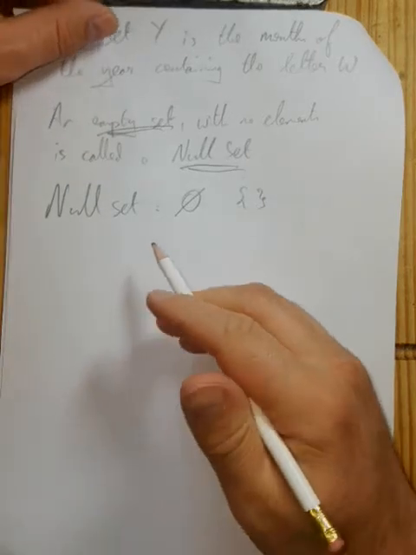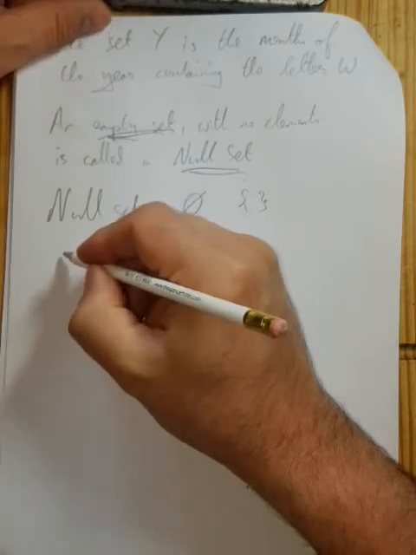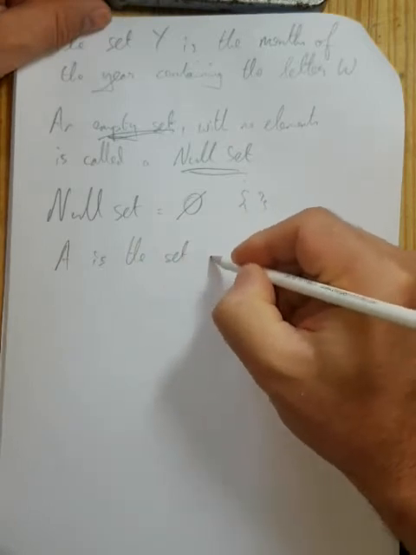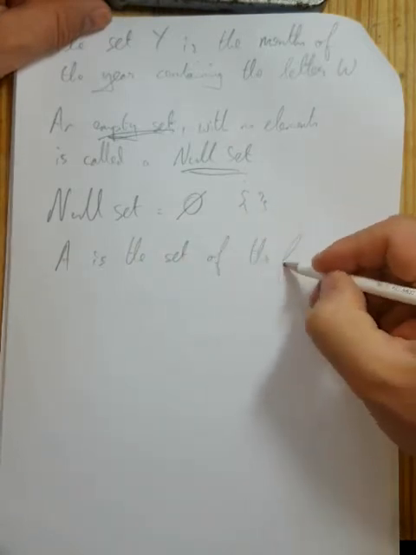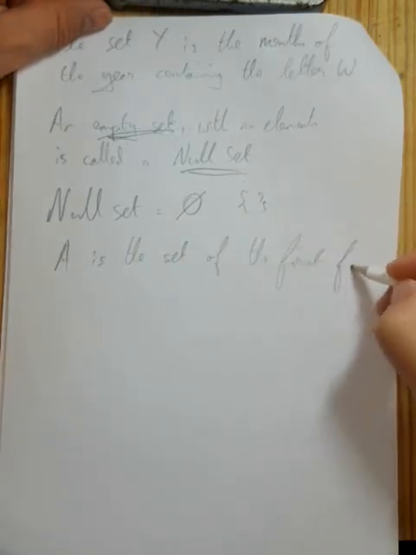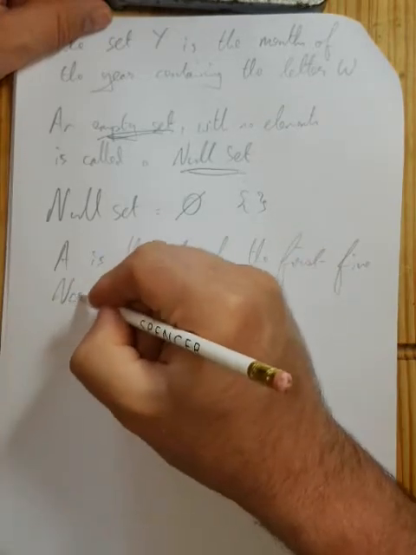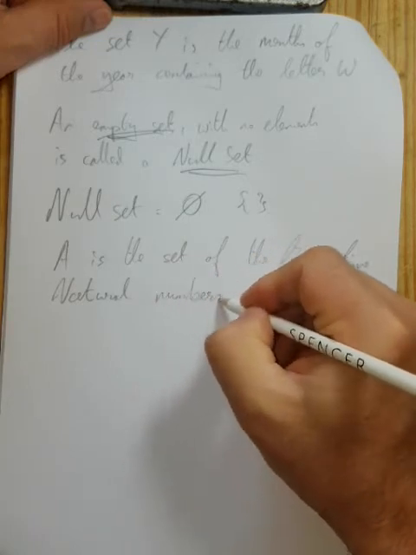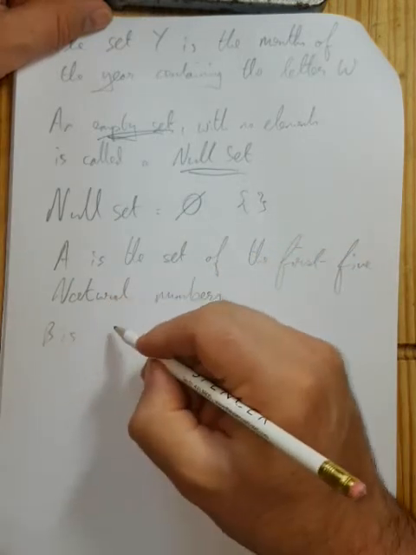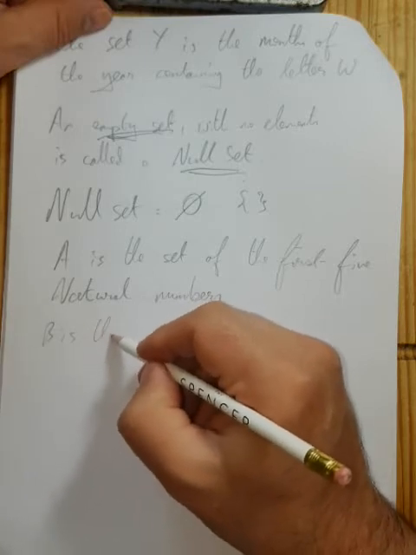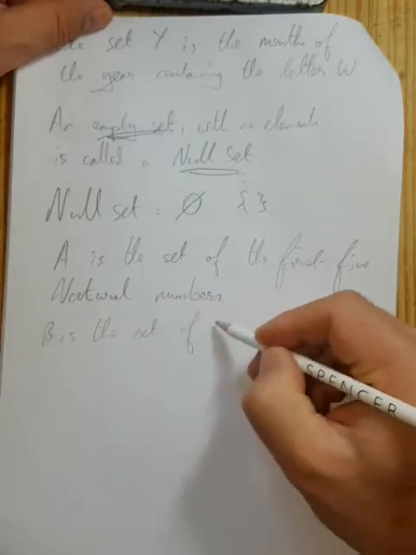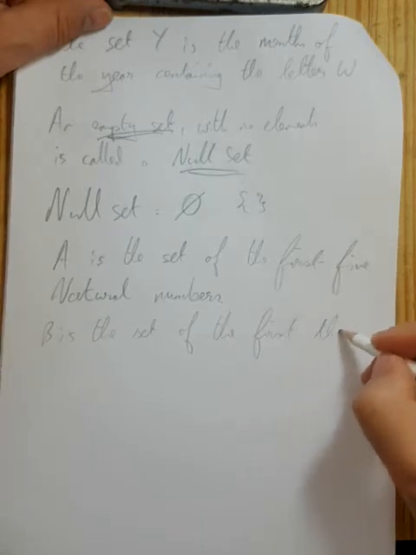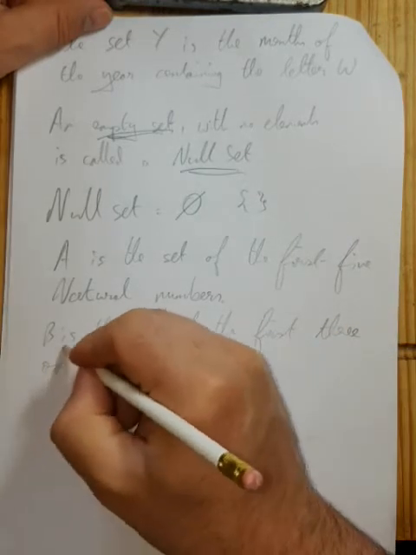So if we go back to our first example, A is the set of the first 5 natural numbers, and B is the set of the first 3 odd natural numbers.